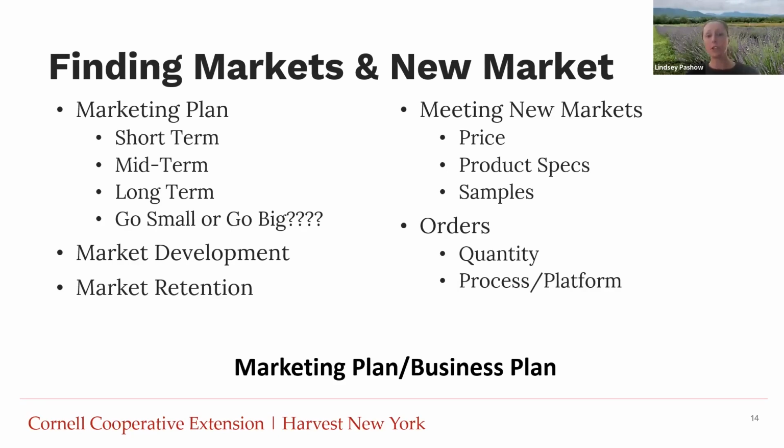And then when you're determining your markets, how much quantity are you going to have? There's always that chance that you're going to go to a farmer's market and sell out within the first hour, and that could be a 4-hour farmer's market. So determine how much product you're going to be able to sustain for that market. And if you're going to be wholesaling, are you going to have wholesale minimum quantities?